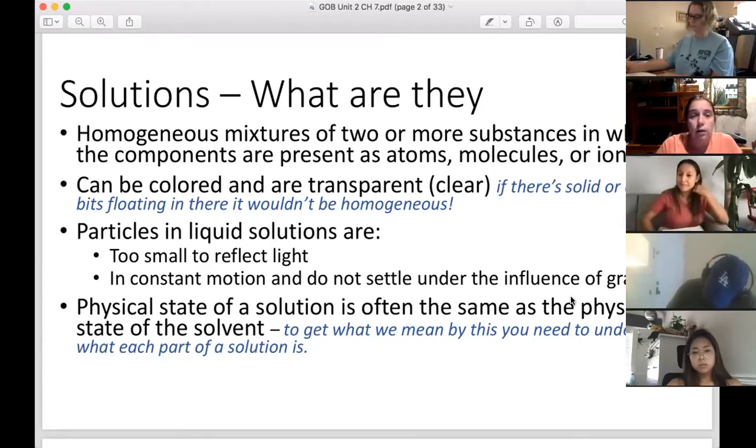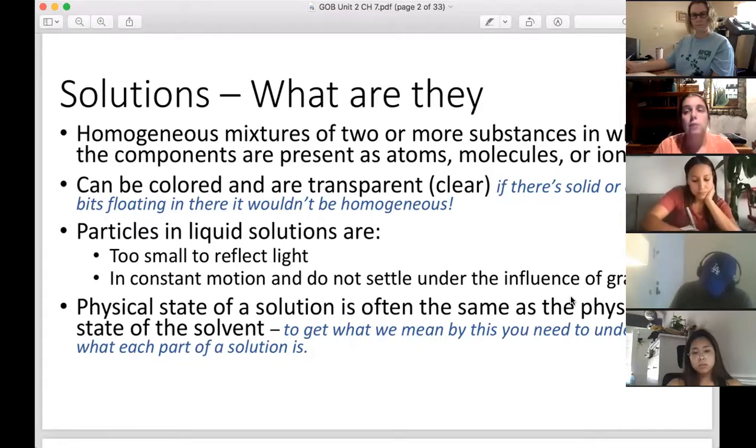They can be colored or transparent. It's very important, a lot of students struggle with this: there is a difference between clear and colorless. Clear is something we can see through, but it could still be colored. We could have a clear yellow solution or a clear red solution. Urine, God willing, is pale yellow and clear.